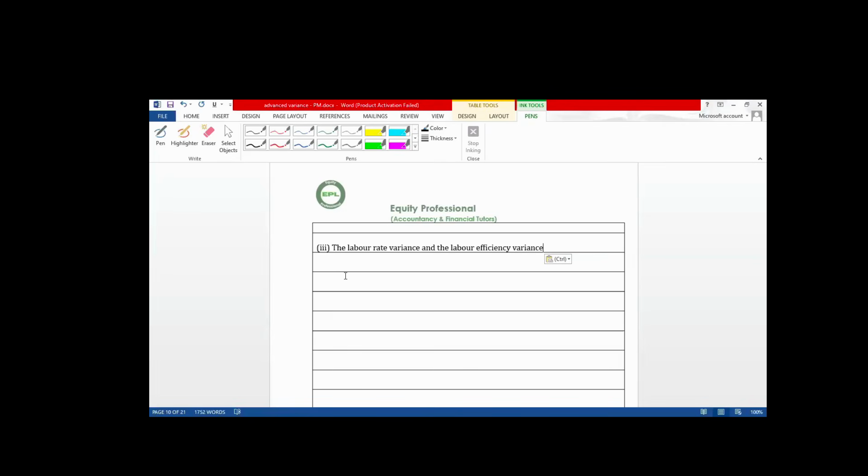So I want to calculate labor rate variance and labor efficiency variance.